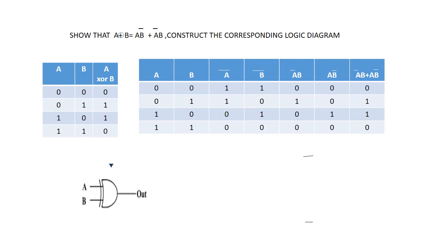So two AND gates are used here. The first AND gate will obtain a result as A bar B, and the second AND gate will obtain the result as A B bar.